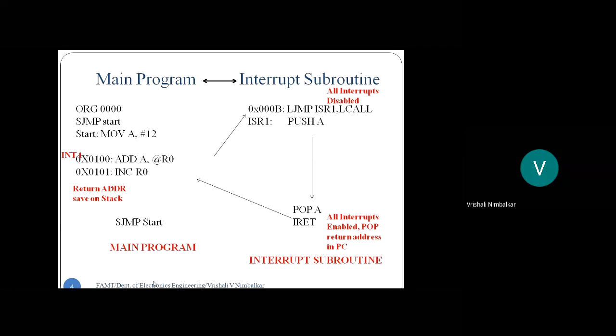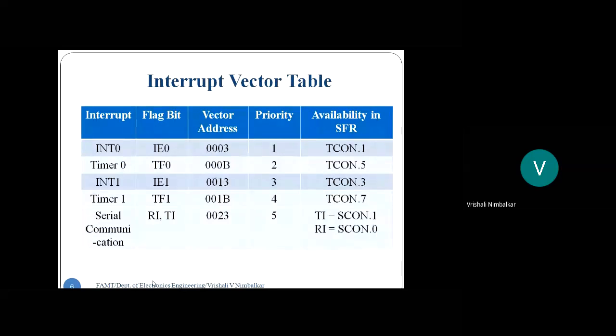Okay, and then we looked into the vector addresses of all these interrupts. For int0, the vector address is 03 hex. Timer 0, it is 0B hex. Int1, the vector address is 13 hex. Timer 1, 1B hex. And serial communication, 23 hex. So the sequence is int0, timer 0, int1, timer 1, and serial communication, and accordingly the addresses are 03, 0B, 13, 1B and 23 hex.